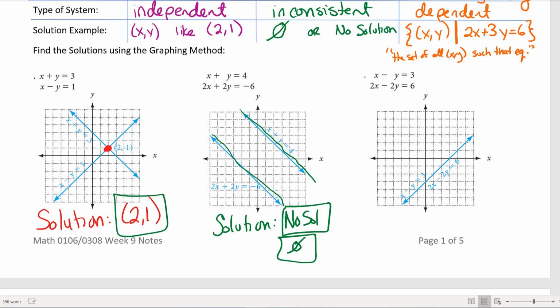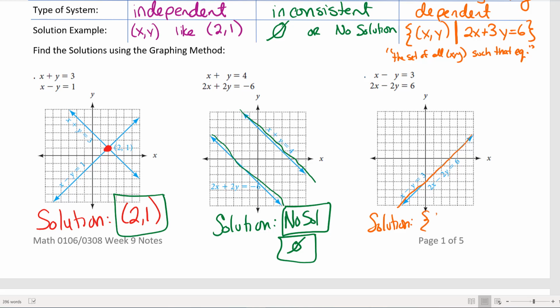And our last example are two lines that are the same. Do you see that x minus y equals 3 is written right here? And then 2x minus 2y equals 6 is written right here, but it turns out that they're both the same line. So what is my solution? Okay, this one's the tricky one.